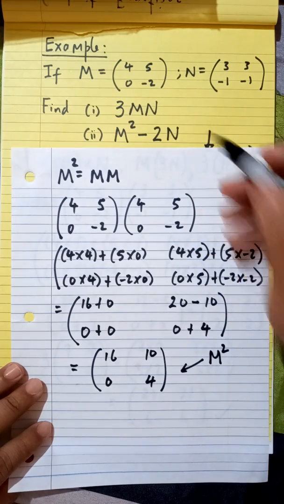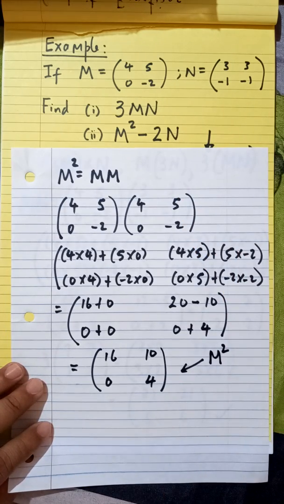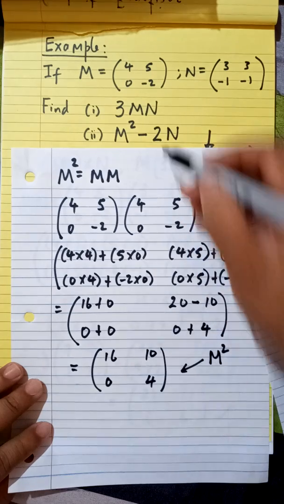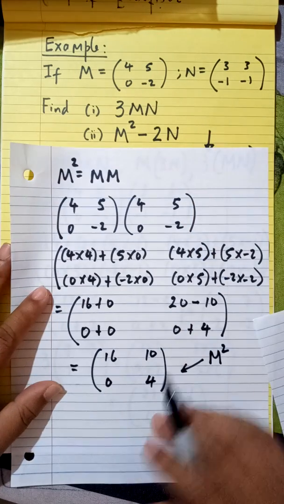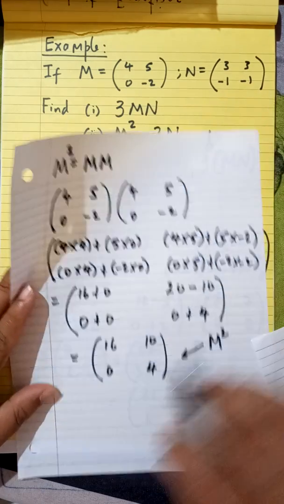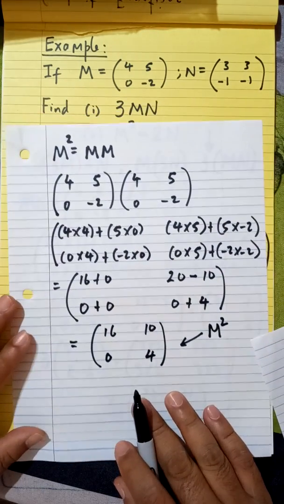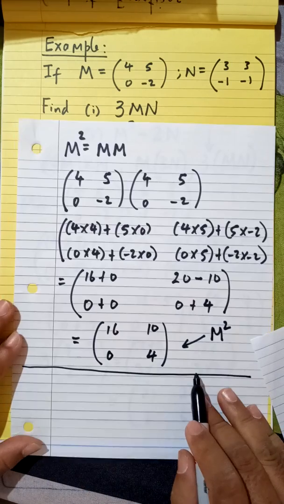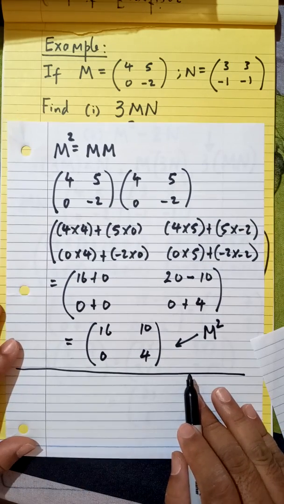All right. So what we're going to do now is to find 2n. Now 2n just means 2 times everything in n. I'm just going to try to see if I can squeeze it down here, trying to save the environment.